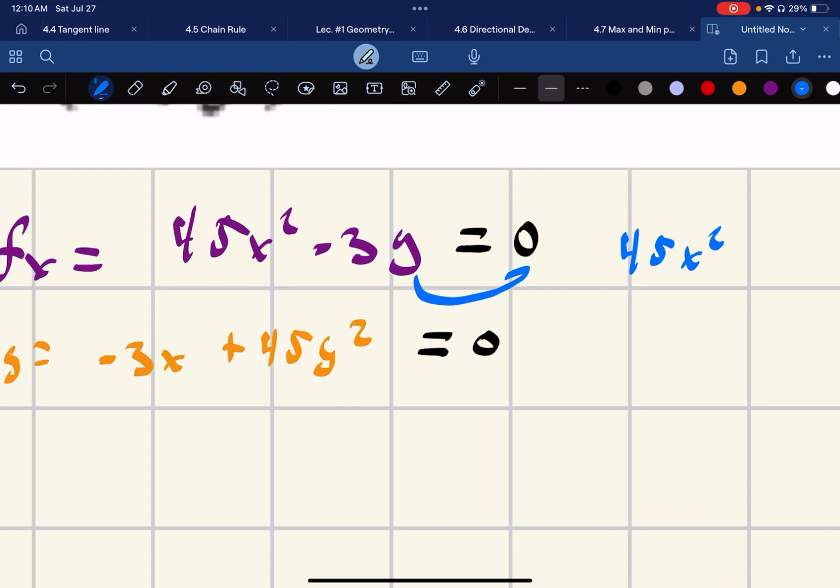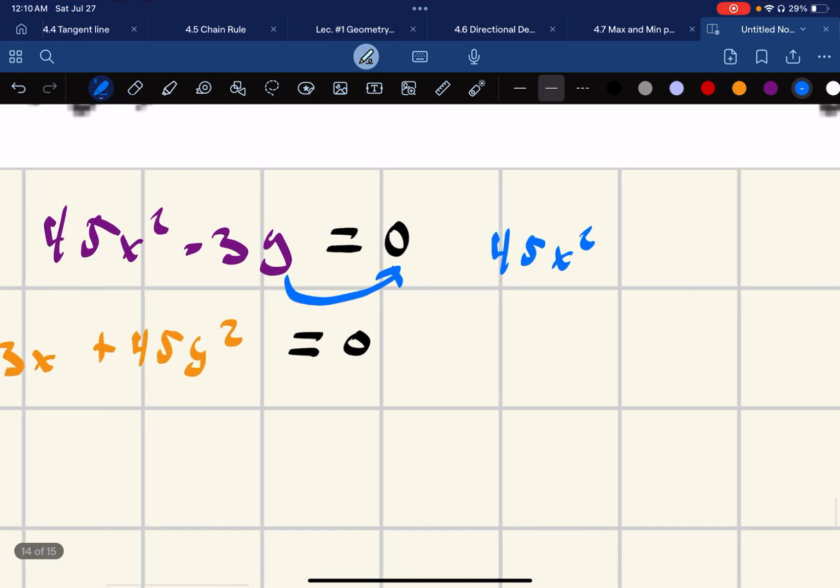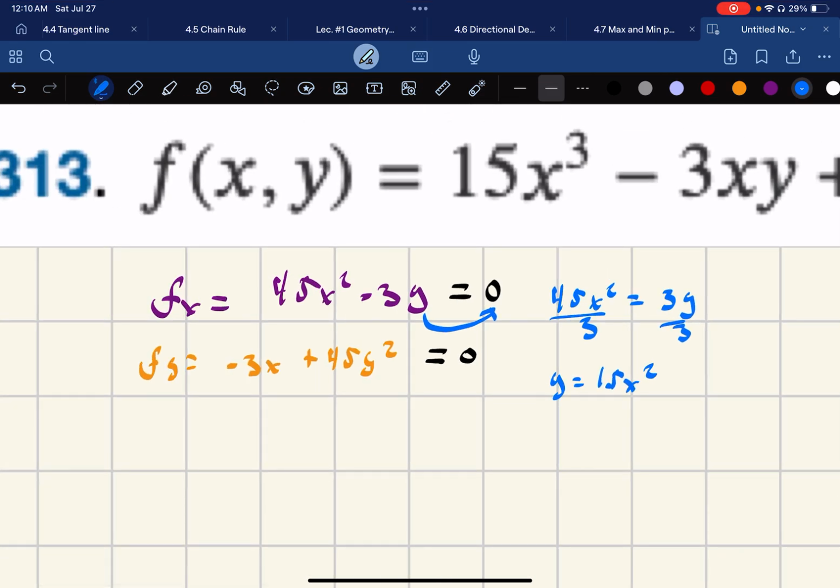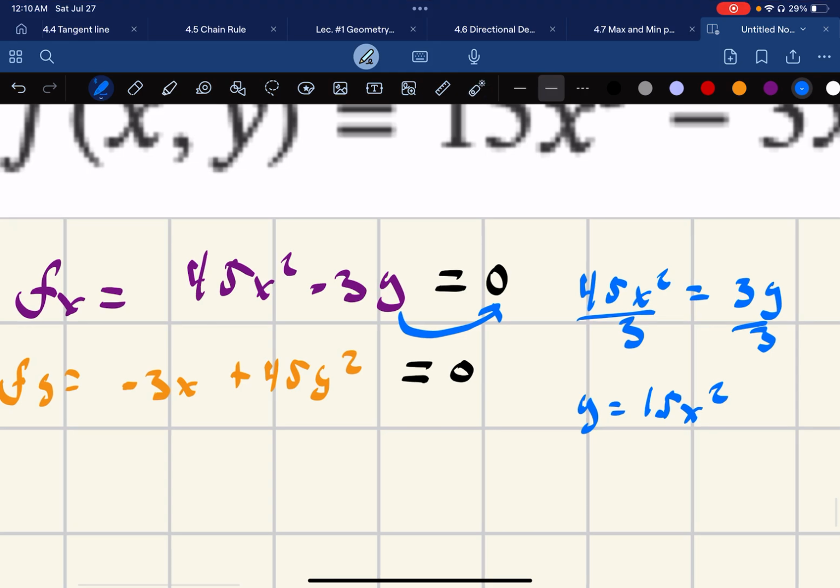We bring this over to make a positive, equals to 3y, right? Then divided by 3, this also divided by 3. 45 divided by 3 is what? 15. So we have y equals 15x squared.